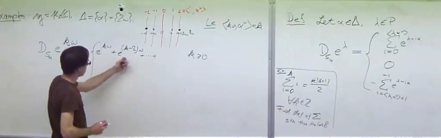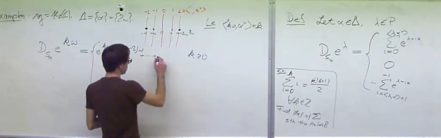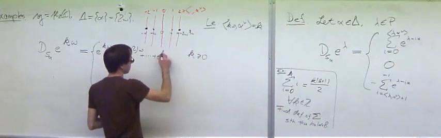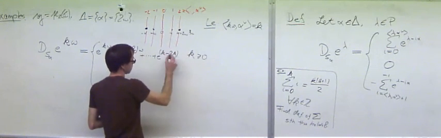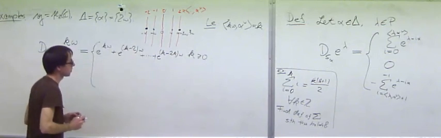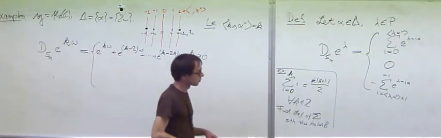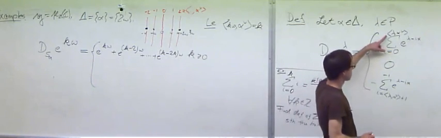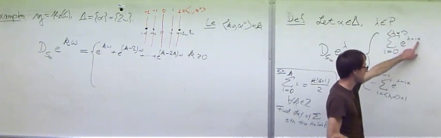And how many summands do we have? In the end, it's e to the k minus 2k omega, right? Because the sum goes up to k, so we have to subtract k times alpha.